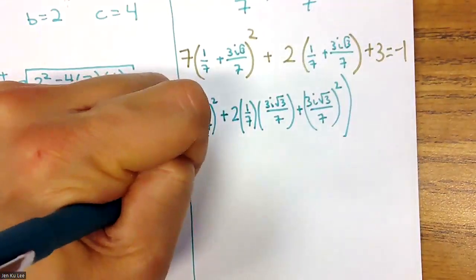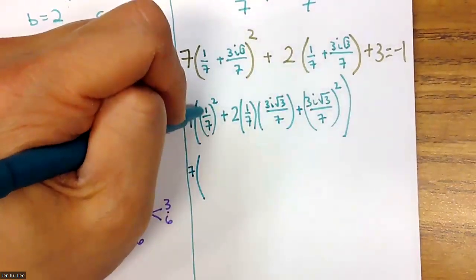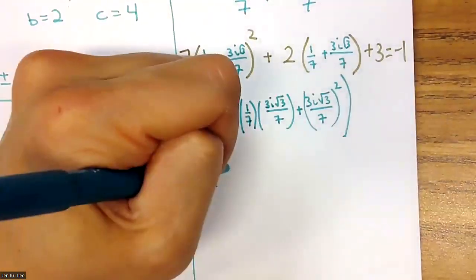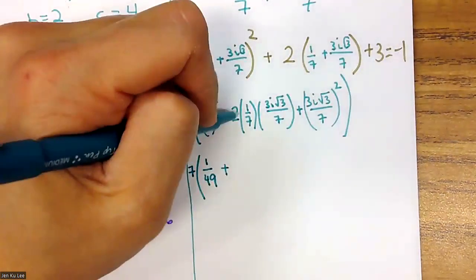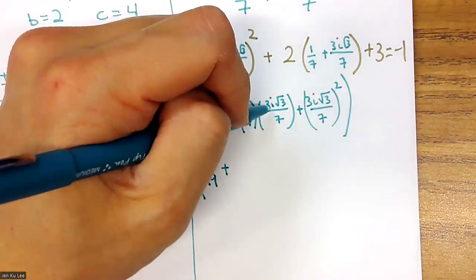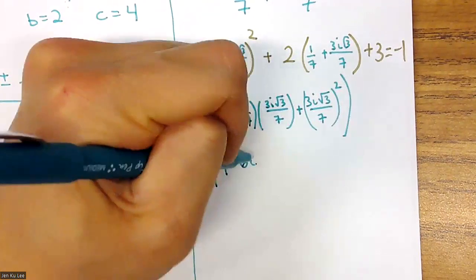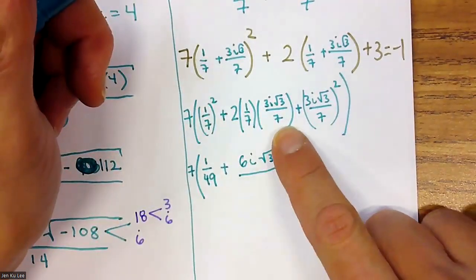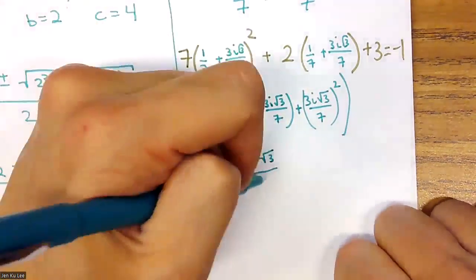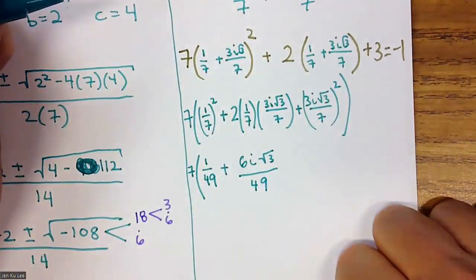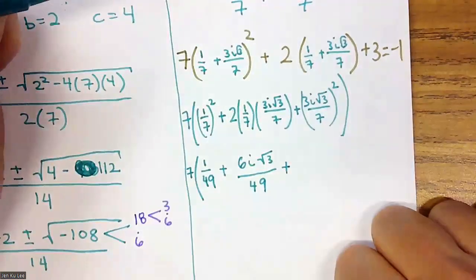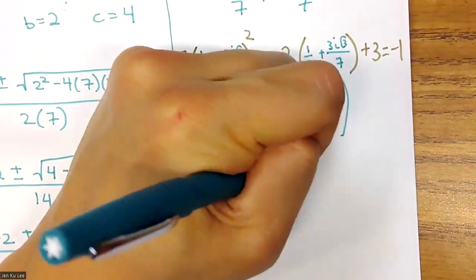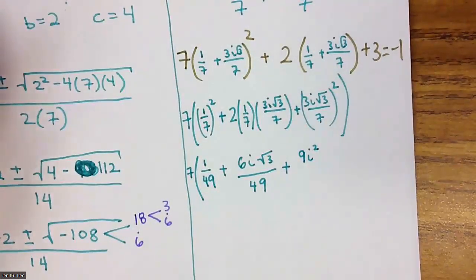Okay? Now I'm going to simplify this by 7 times 1 over 49 plus 2 times 1 is 2 times 3 is 6. So this is 6i square root of 3 over 7 times 7 is 49 plus 3i squared, that's 9i squared, correct?